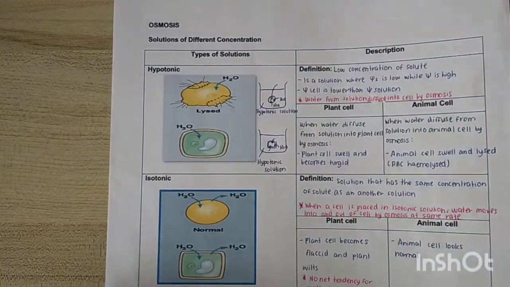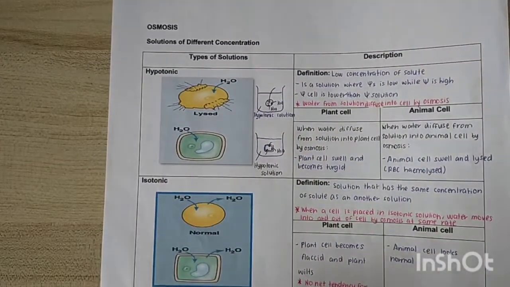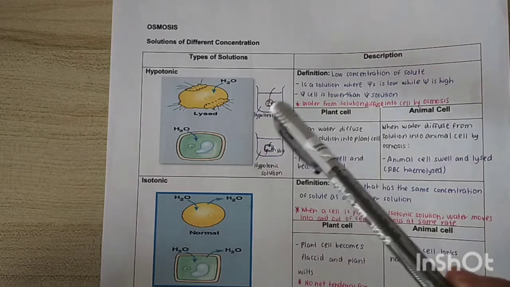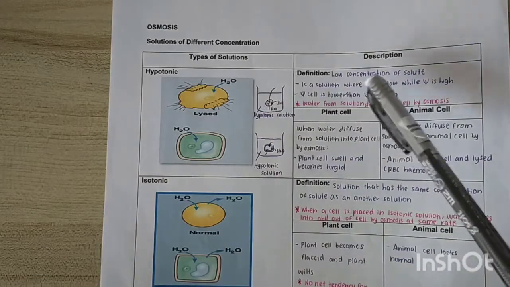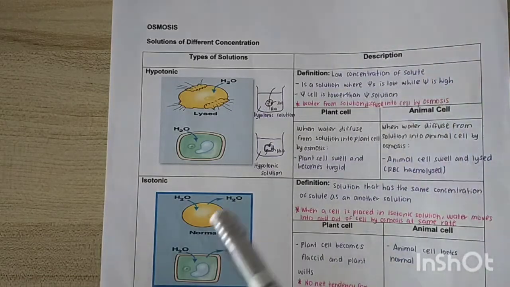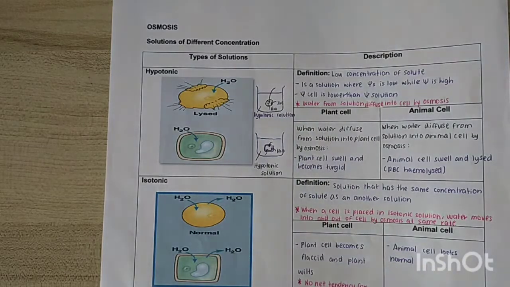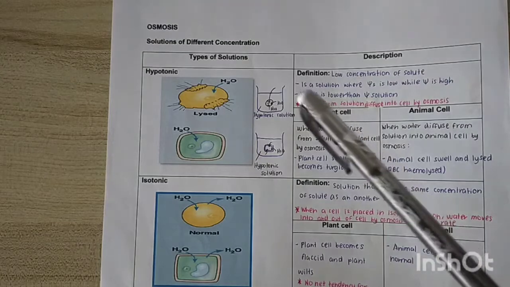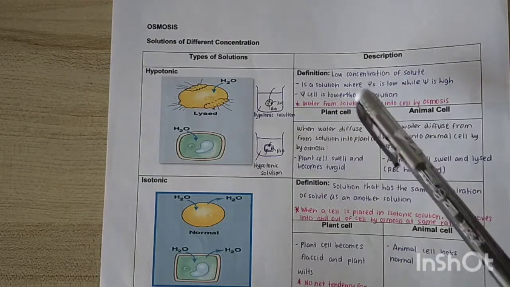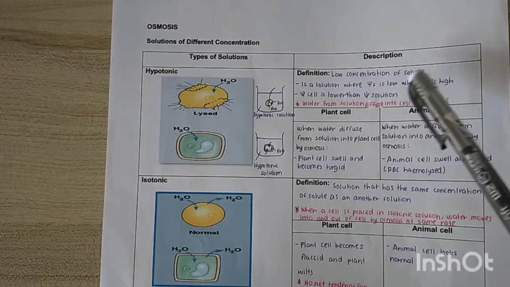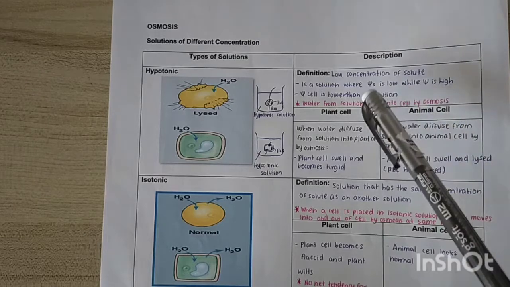Okay, so first of all, if you look at the hypotonic, what is a hypotonic solution? It has a low concentration of solute. So means that di dalam solution hypotonic tu, dari segi concentration of solute ni adalah rendah. It is a solution where solute potential is low. Why is water potential high?